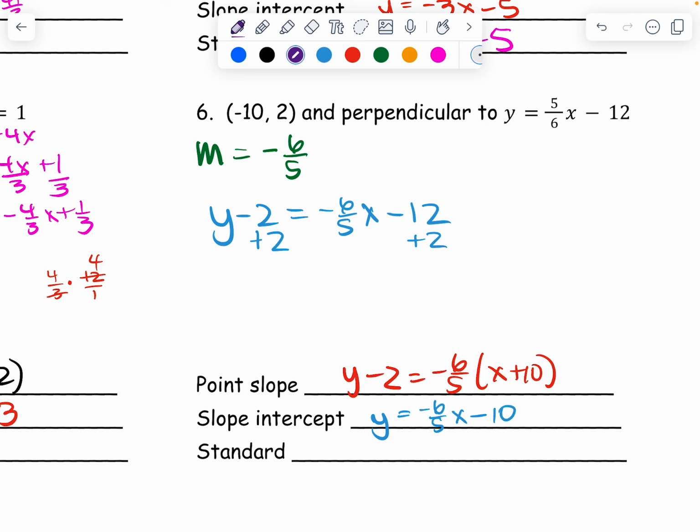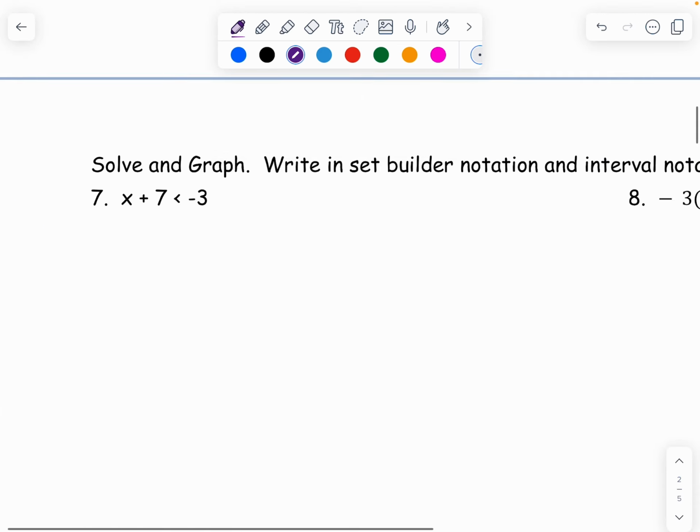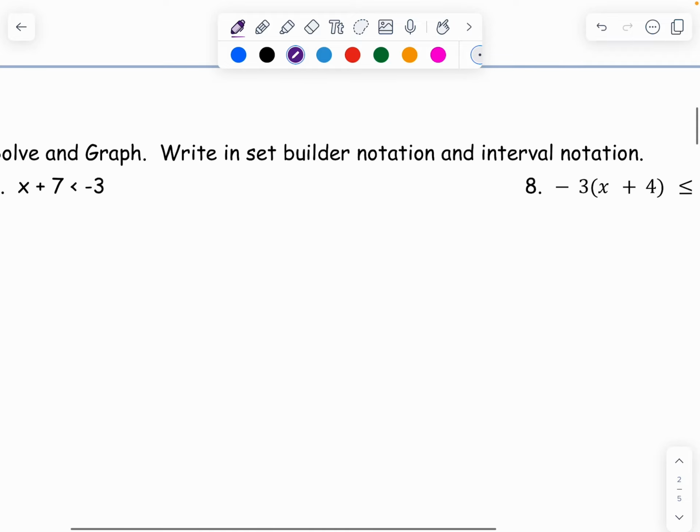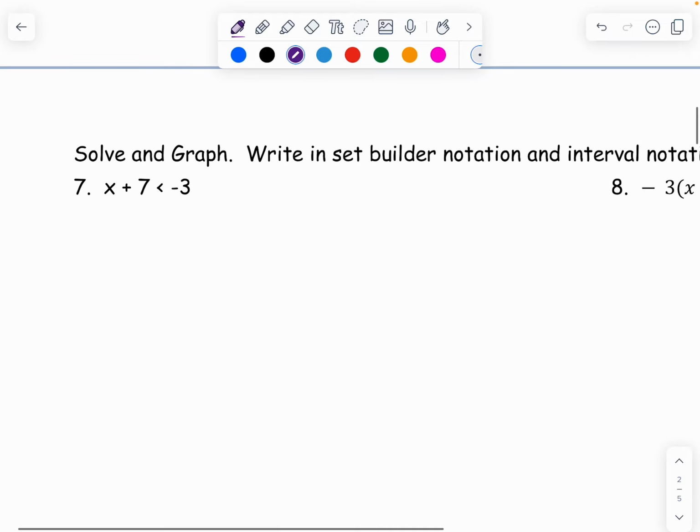Multiply everything by 5, and I would get 5y equals negative 6x minus 50. Add the 6x to the other side. And voila. Okay, so this one, it says solve, write set builder notation and interval notation. So I'm going to subtract 7 from both sides and get x is less than negative 10.